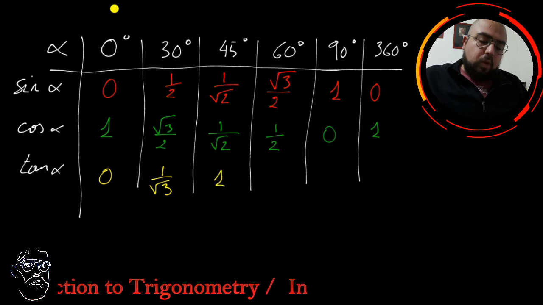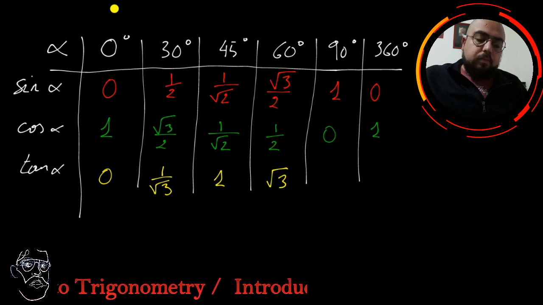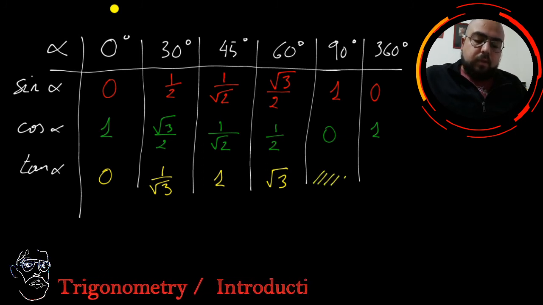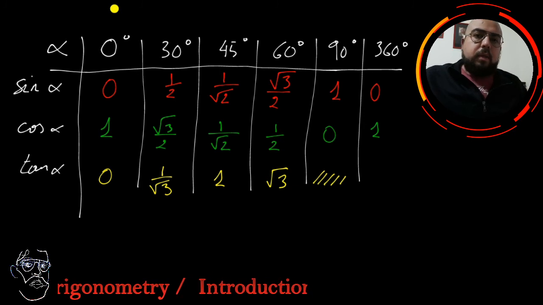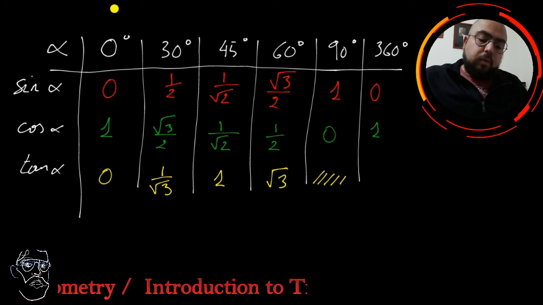In this case, it's 1. Here it's square root of 3. 1 over 0, you simply say that it does not exist. Some others say it could be plus or minus infinity, so that's another option. For 360, it will be again 0.